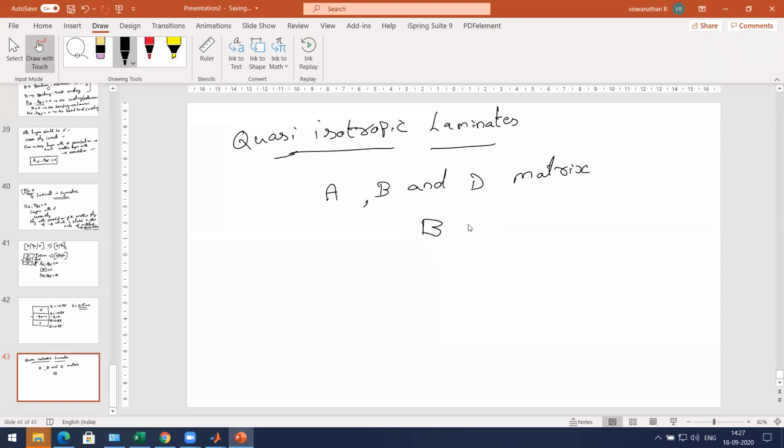Suppose you take a metal isotropic material, what will be the B matrix? Can somebody tell me?